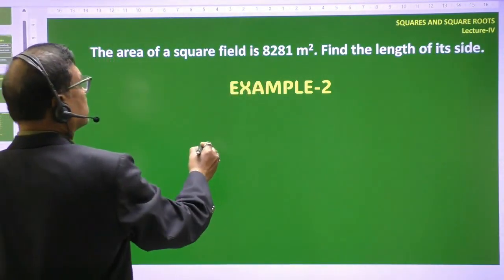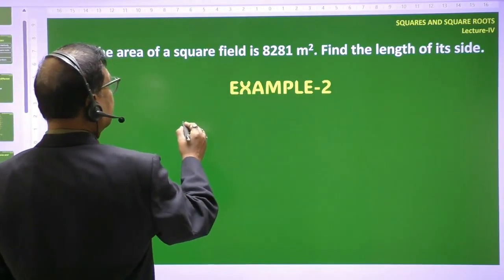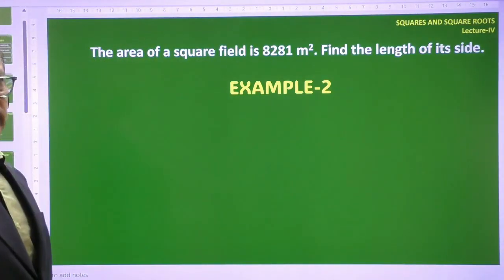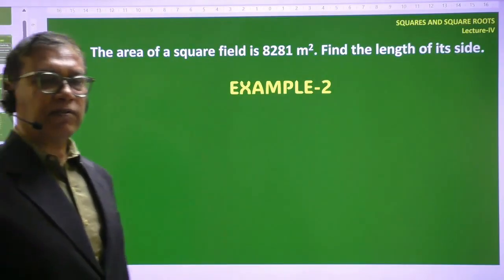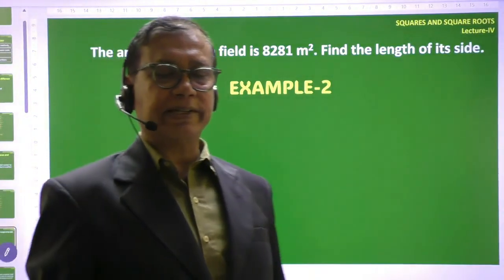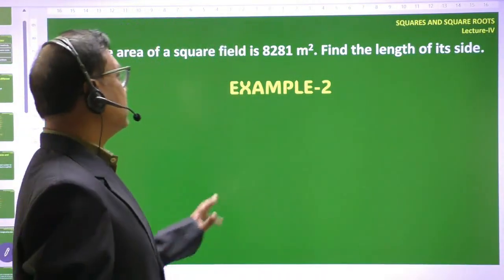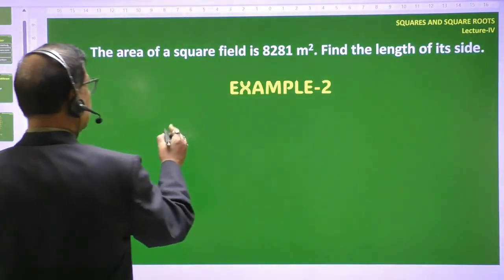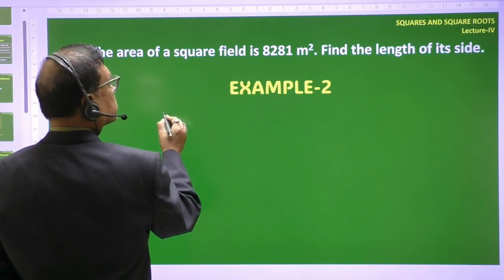We know the area of a square field. So how can we find the length? If I take the square root of the area, then we can find the length. So basically we have to find the square root value.